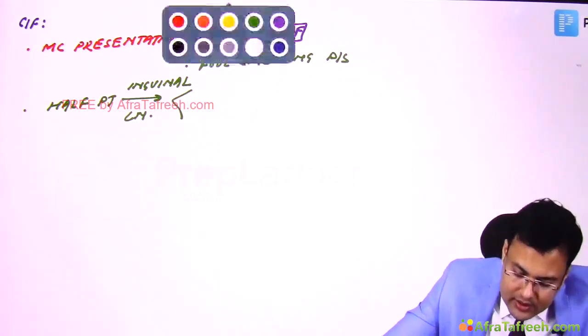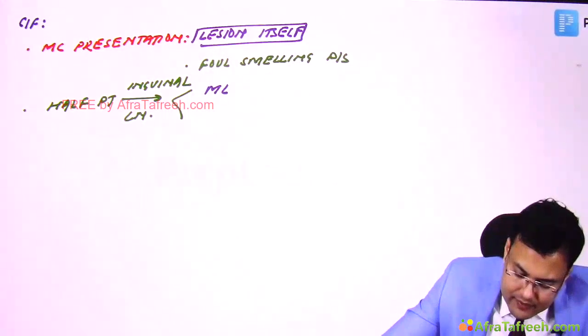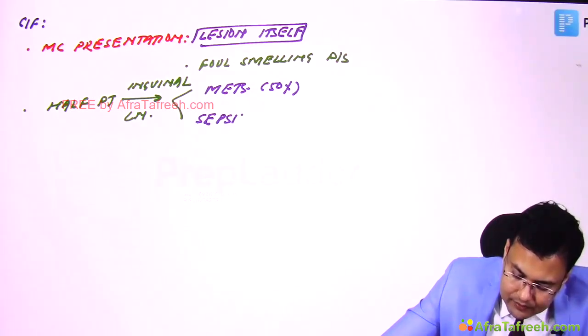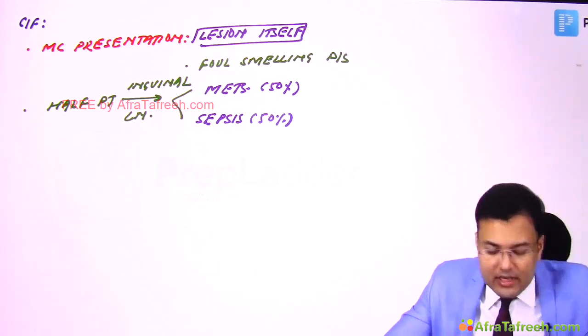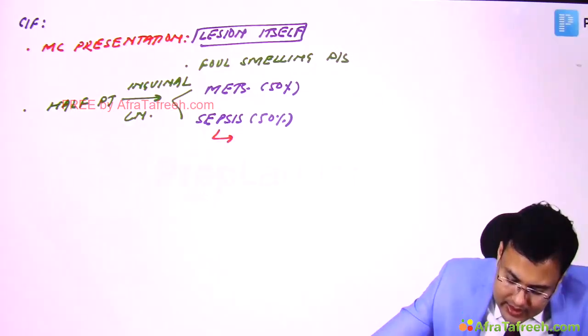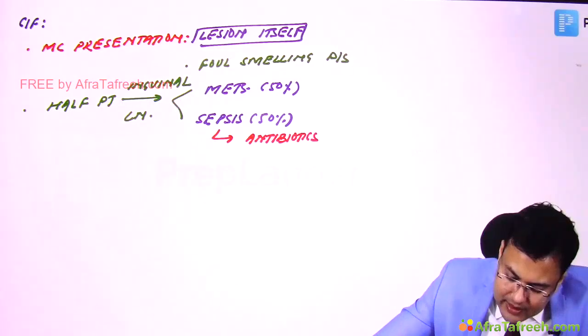Now what is the cause? Metastasis in 50% cases and sepsis in rest 50. Simple. So that's why any patient who is coming with inguinal lymphadenopathy, what? Antibiotics. We have to give what? Antibiotics. For how long? For 4 to 6 weeks.